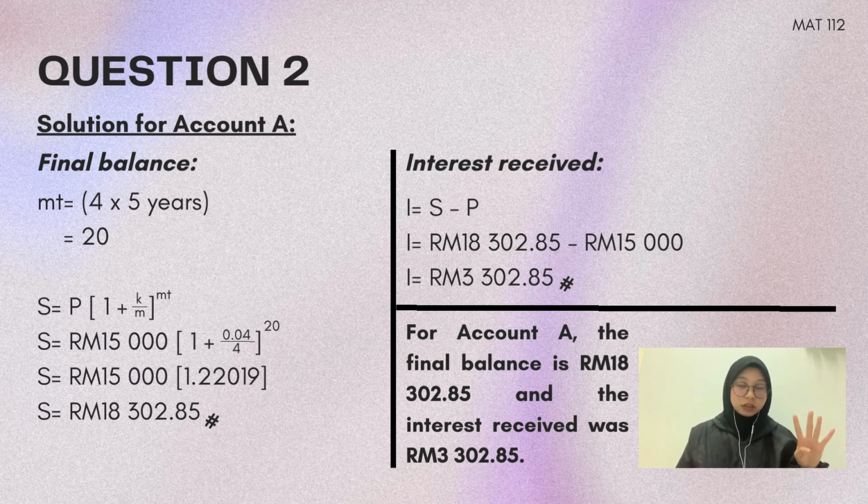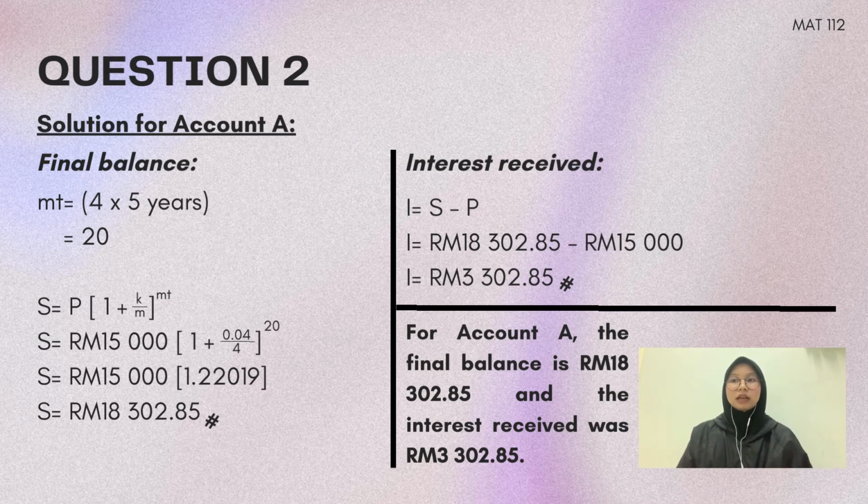So the M is 4 times 5 years, so we get 20 for MT. And the second one is K. Account A uses a 4% interest rate, so the K is 0.04. So we go to the calculation. S equal to RM15,000 open bracket 1 plus 0.04 over 4 close the bracket to the power of 20.